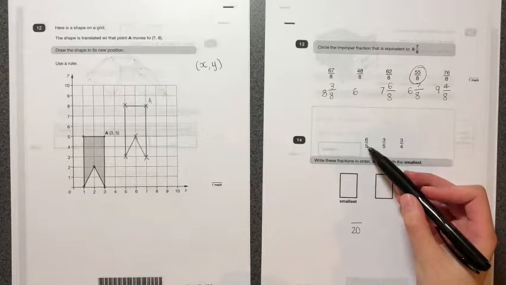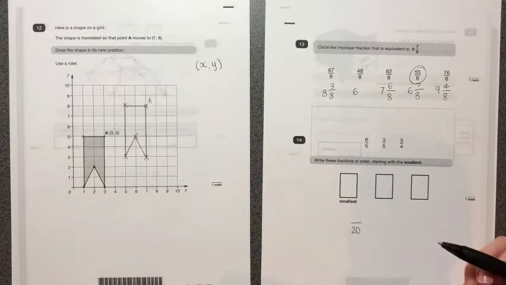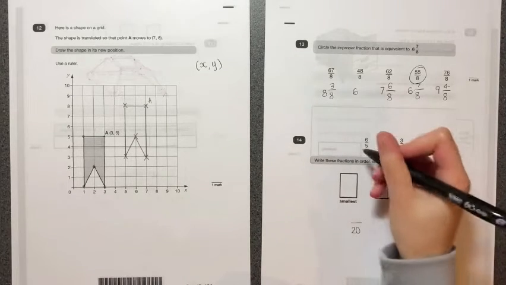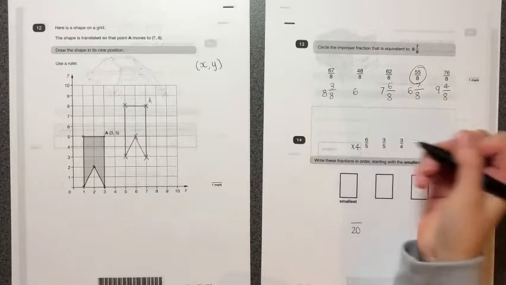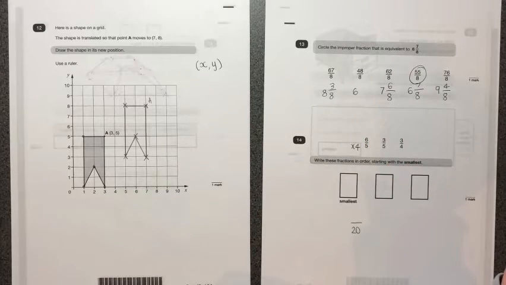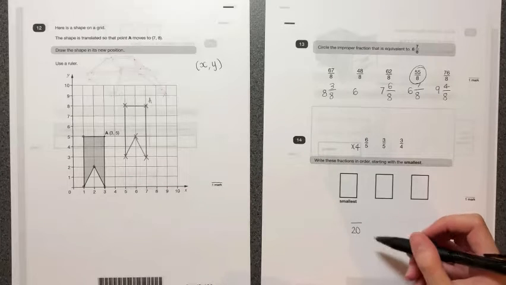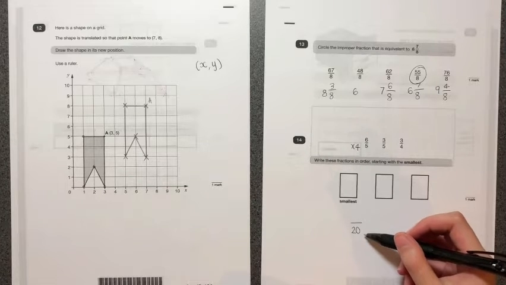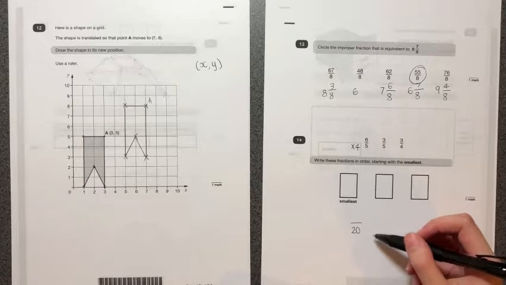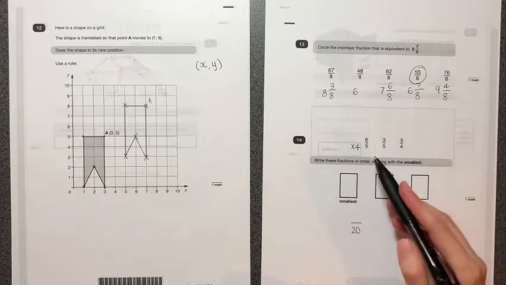To get from 5 to 20, we have multiplied it by 4. Whatever we do to our bottom number, we also do to our top number. If we've times our bottom number by 4, we are also going to times our top number by 4.